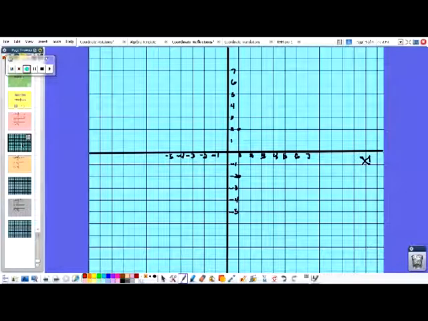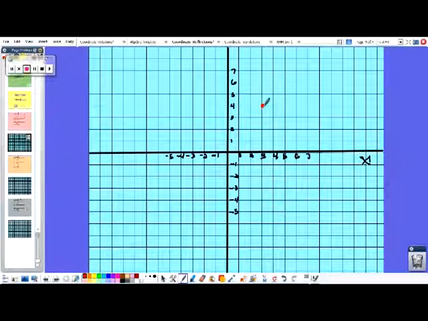The next point is at 3, 4. Okay, so I put a dot. Look for 3 on the x-axis. I go up 4, place a dot. Now, I need to reflect it across the x-axis. So if I were to fold the paper along the x-axis, the points should match up.